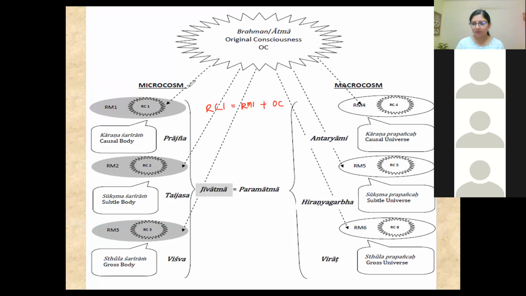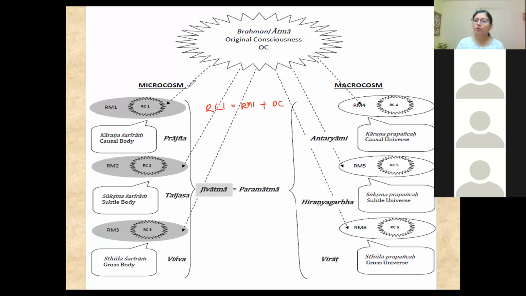That is Jivatma. The Atma plus Anatma is equal to this Jivatma, that is on a micro scale. And on the macro scale, there also we have Atma plus Anatma. There it is RC4 plus RC5 plus RC6. And what are the reflecting media there?